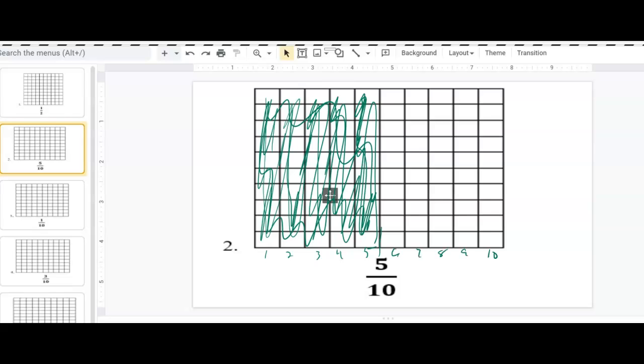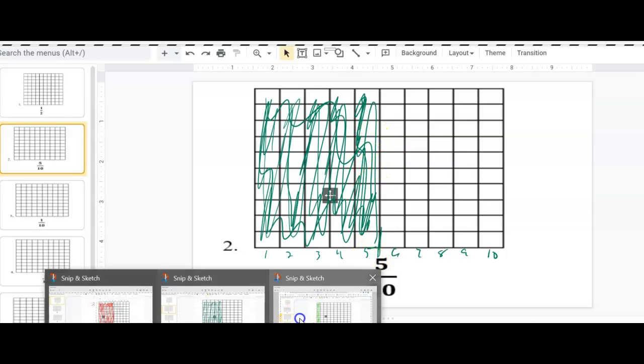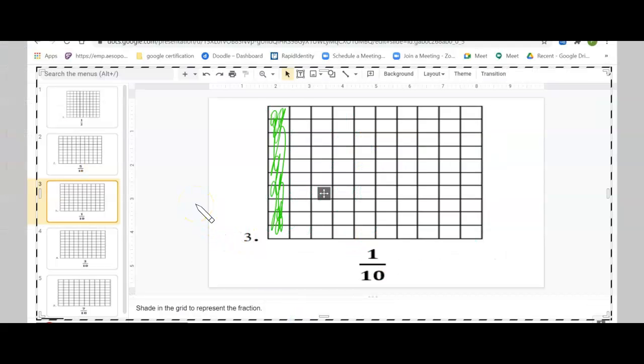If you notice, I shaded in 5 entire columns, 5 out of the 10 entire columns on here. And let's take a look at our last one, 1/10. So for this one, our goal was to shade in 1 out of 10 columns. So 1, 2, 3, 4, 5, 6, 7, 8, 9, 10. 1 out of the 10 columns has been shaded in.